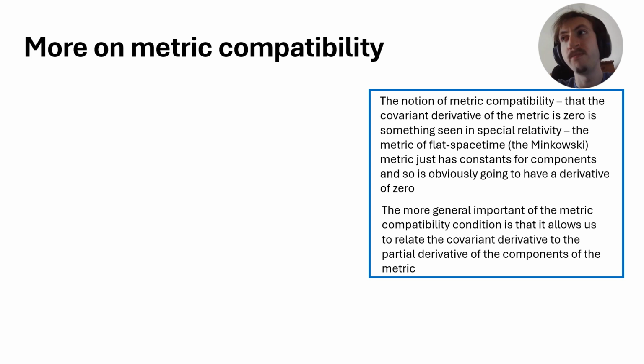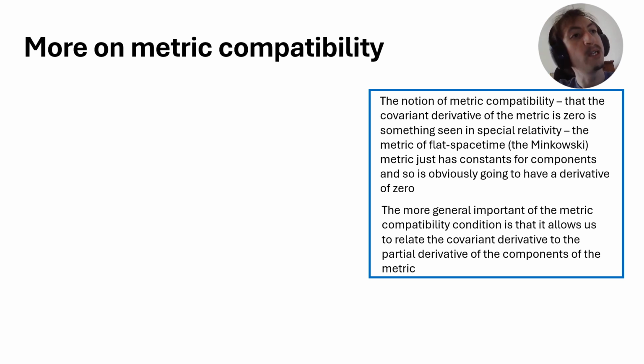I'm hoping as we go through this playlist, we'll build together more clear intuition behind what this generalization of the idea of the components of a metric being constant for flat space-time actually means, so how to visually interpret the condition of metric compatibility.